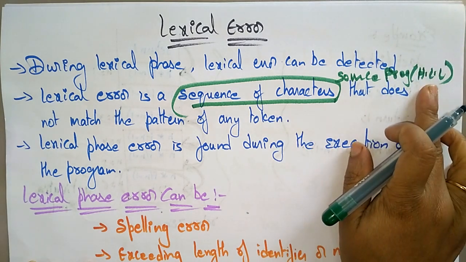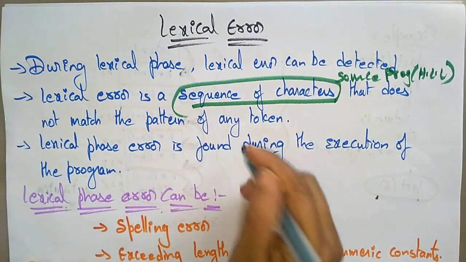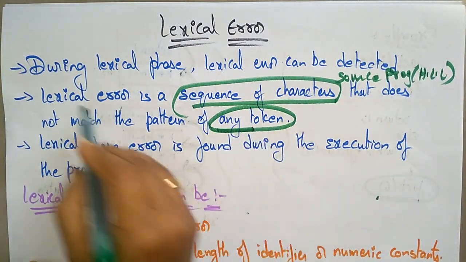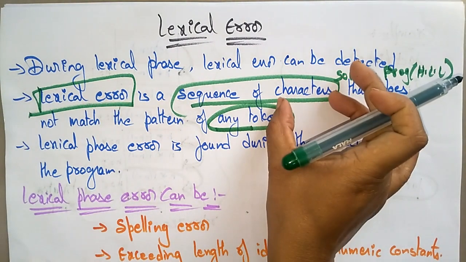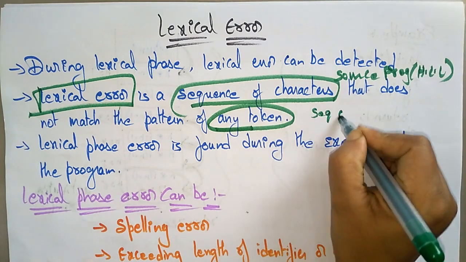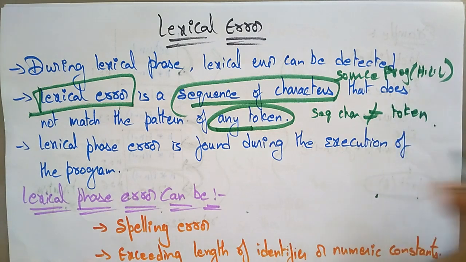Whenever these characters do not match the pattern of any token, you call it a lexical error.